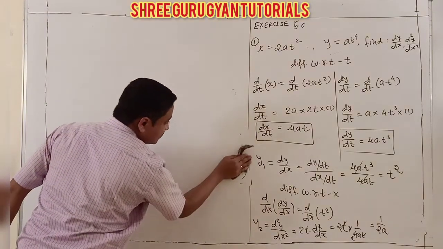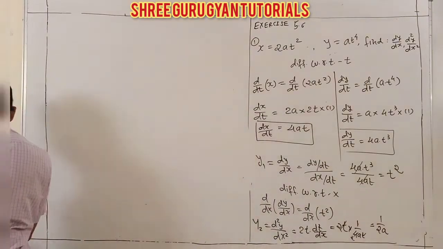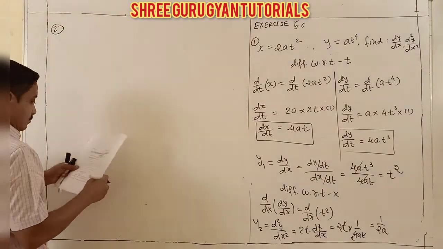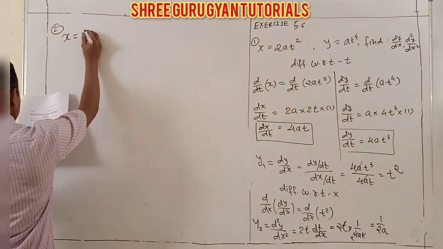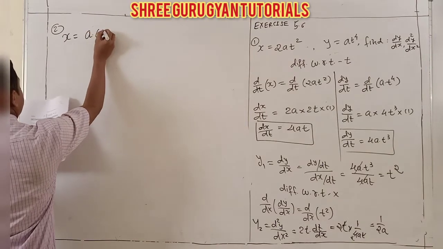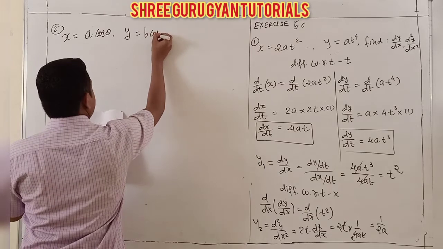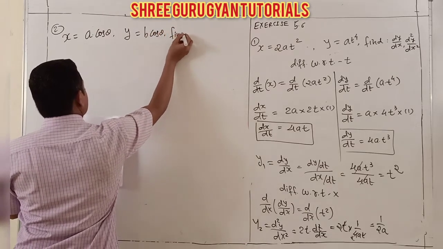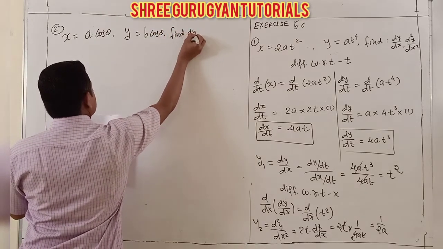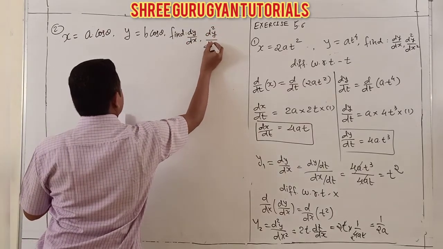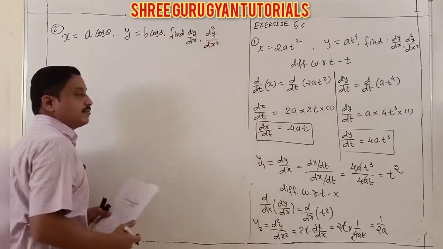Second is also the same. The function is that x is equal to a cos theta, y is equal to b cos theta. Find out dy by dx, also d square y by dx square. So it's simple.